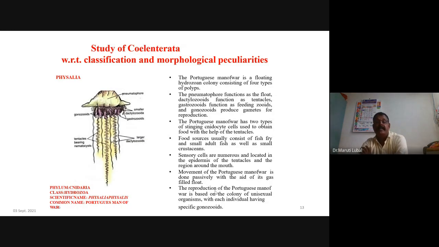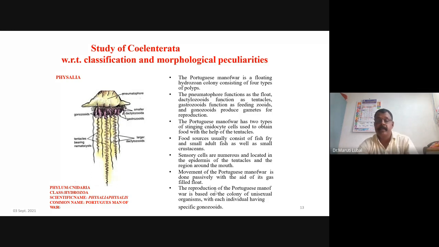Second animal is Physalia, the Portuguese man of war. It is a floating hydrozoan colony consisting of four types of polyps. The nematophores function as the float, dactylozooids function as the tentacles, gastrozoids function as the feeding zooids, and gonozoids produce gametes for reproduction.